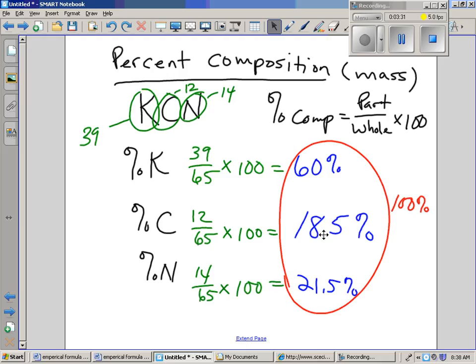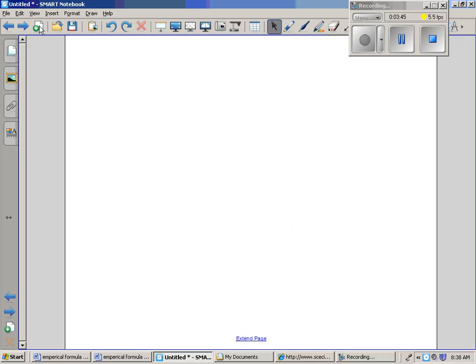That's percent composition. We've done this before. The next step is the following. Using percents to figure out something called empirical formula. This is what we're really doing.